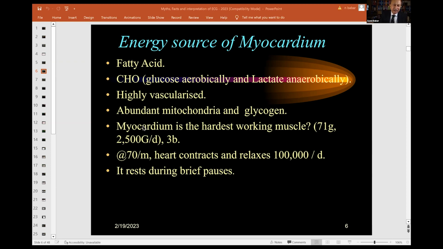So, cardiomyocyte or myocardium is the hardest working muscle, and it pumps 71 grams per beat, 2,500 grams per day, and it beats 3 billion times in a lifetime. Normally, the rate of the heart is 70 per minute, and it contracts and relaxes 100,000 times a day. During the phases when it has finished contracting, the shortest of pauses is enough for it to rejuvenate again.